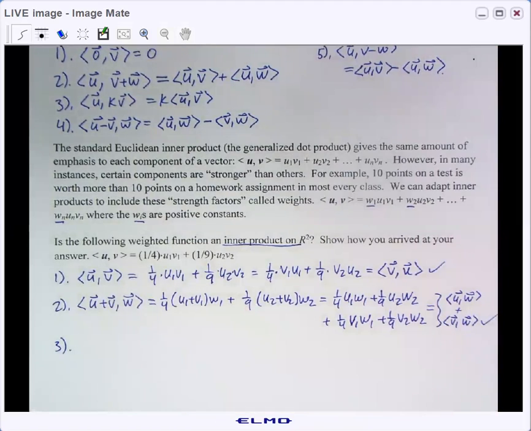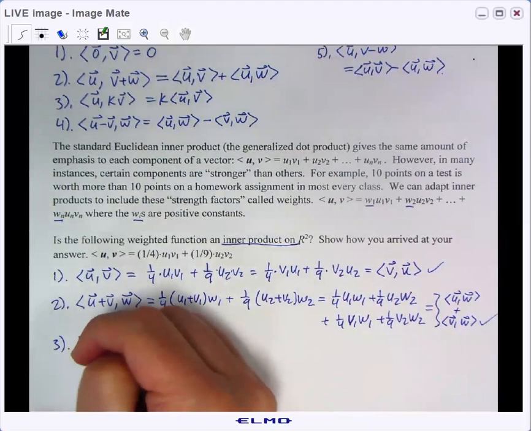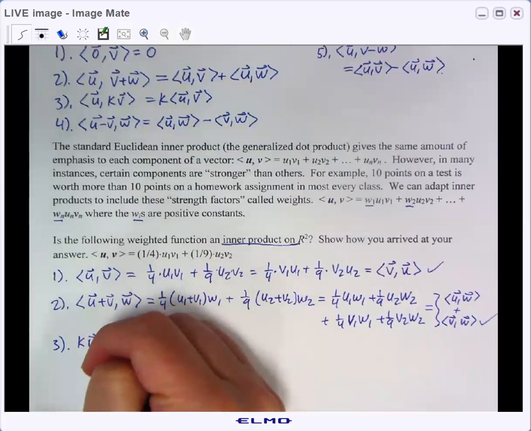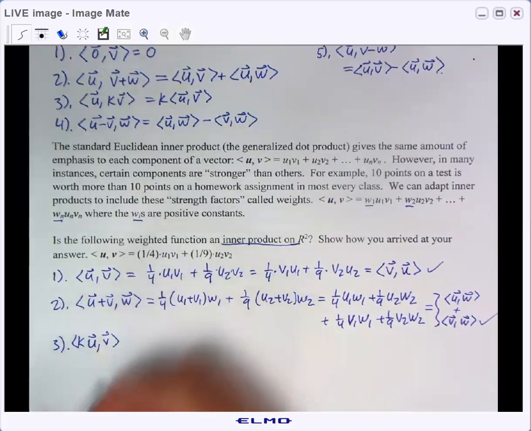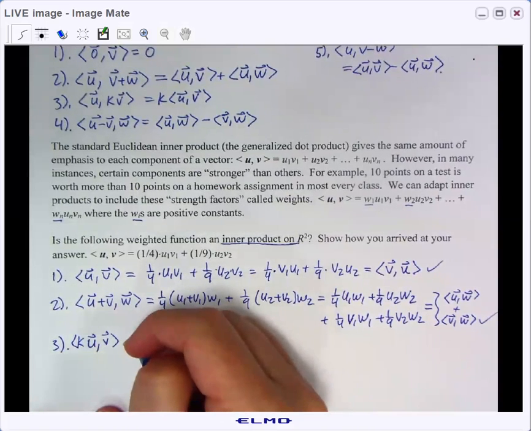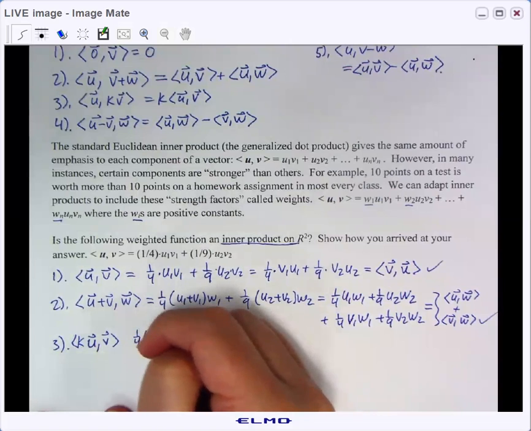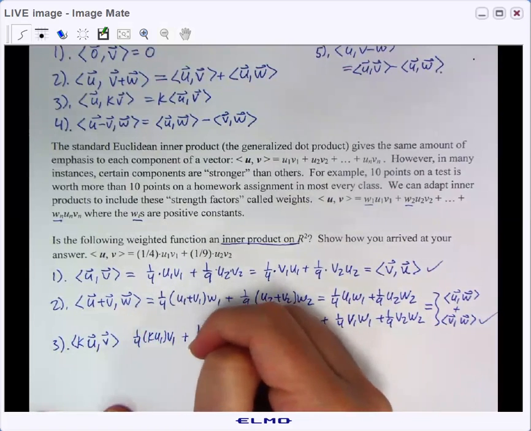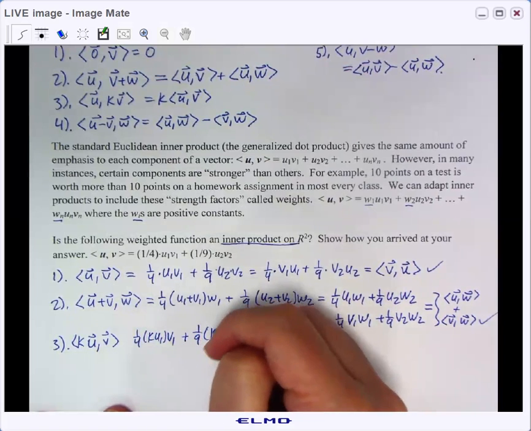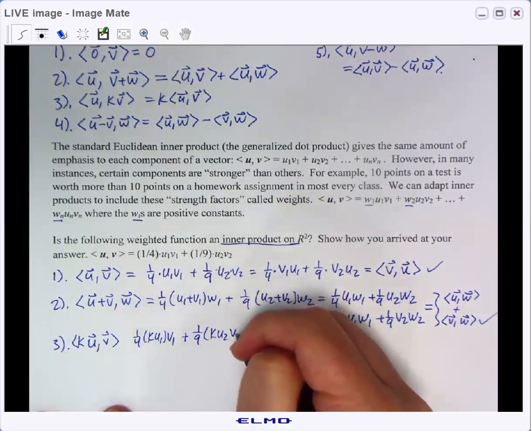Let's try axiom number 3. Axiom number 3 was our homogeneity axiom. So K U inner product V should be K times U inner product V. Well, we're going to get 1/4 times K U1 V1 plus 1/9 times K U2 V2.